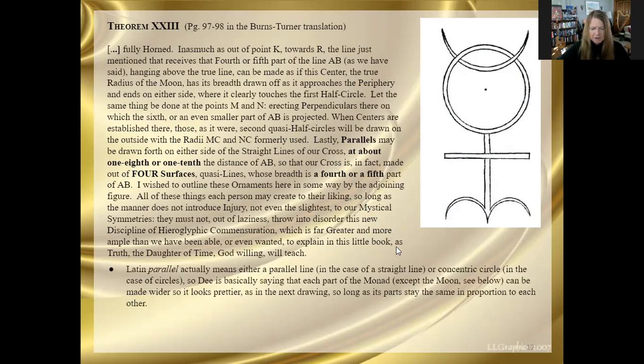When he says parallel there, by the way, parallel can mean either a parallel line or a concentric circle, which is what you're seeing in the drawing there. So he's basically saying that each part of the monad except the moon can be made wider so it looks prettier. And oh, and by the way, tapering things off like this using compass and straight edge constructions is a little bit difficult, actually. That's not usually how you do them.